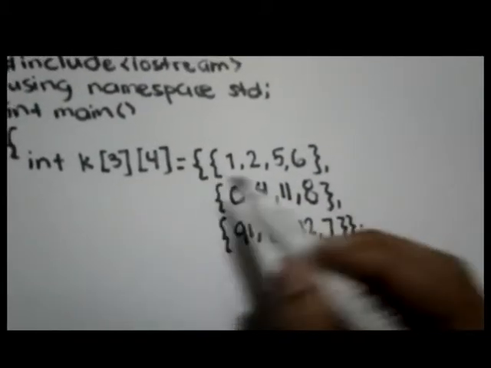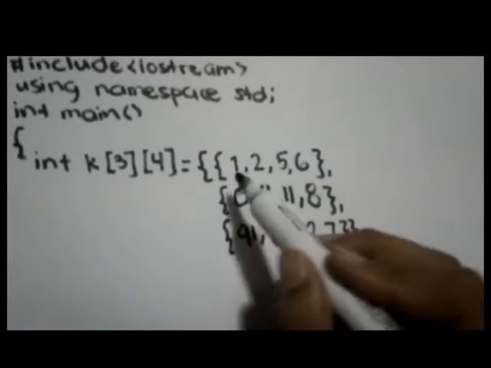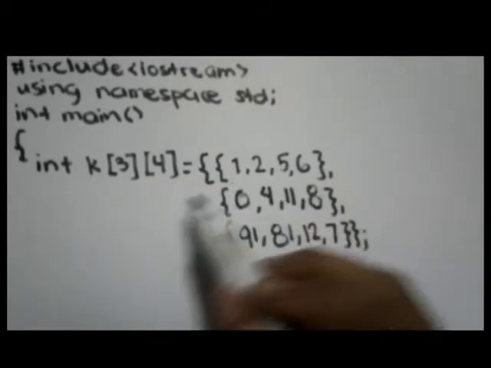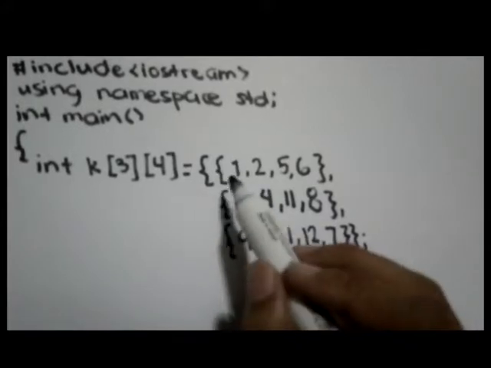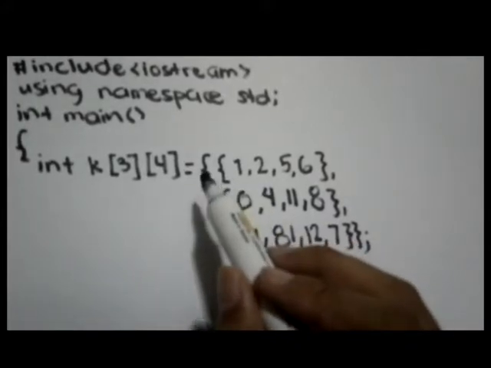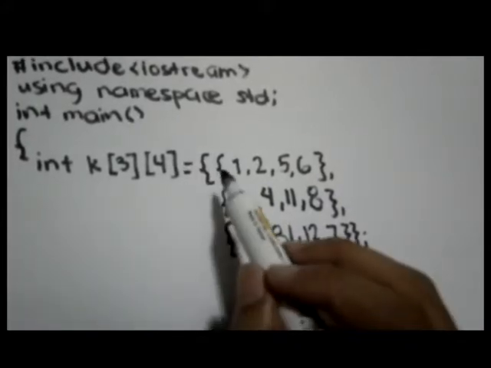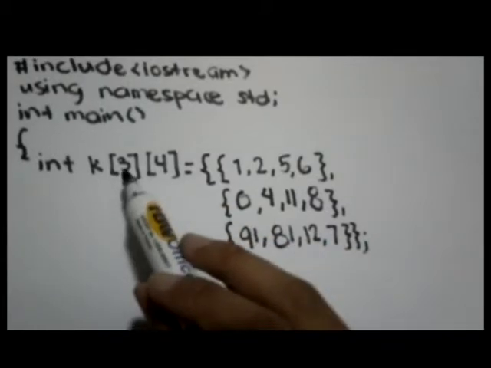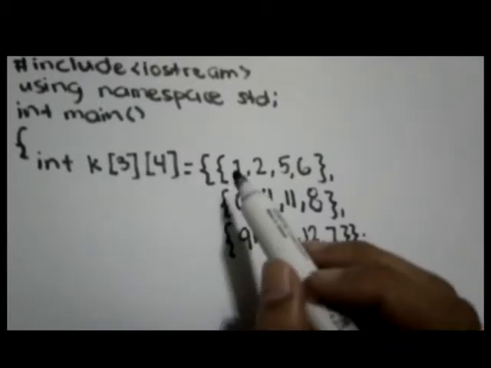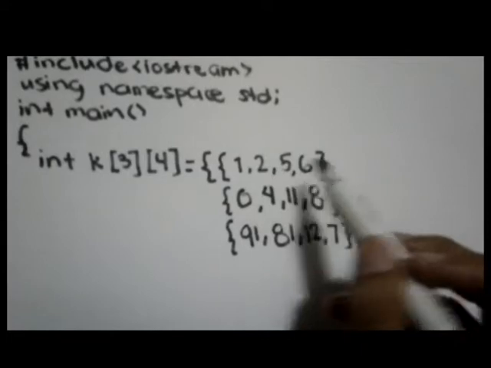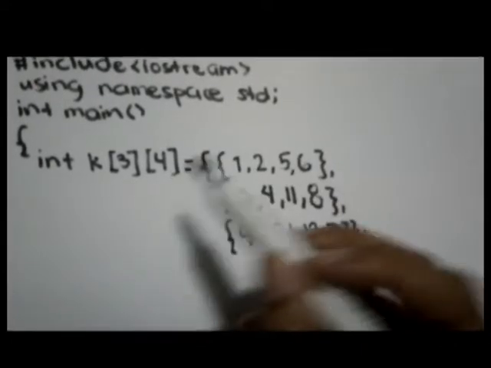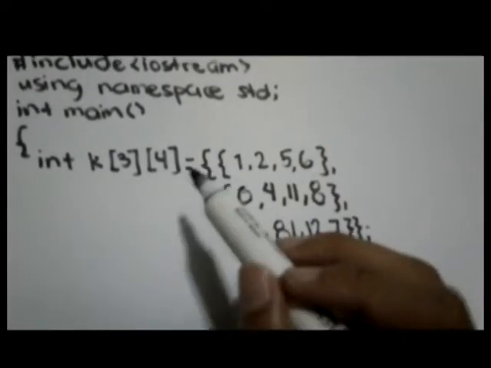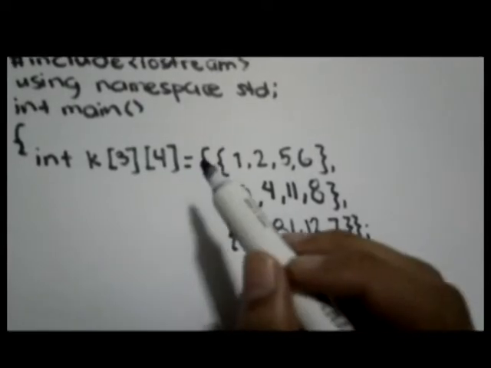Okay, so we want to display this. Number 1, you will just cout K, insert 0, because it is in the first row, and the first index in an array is 0. It always starts with 0.